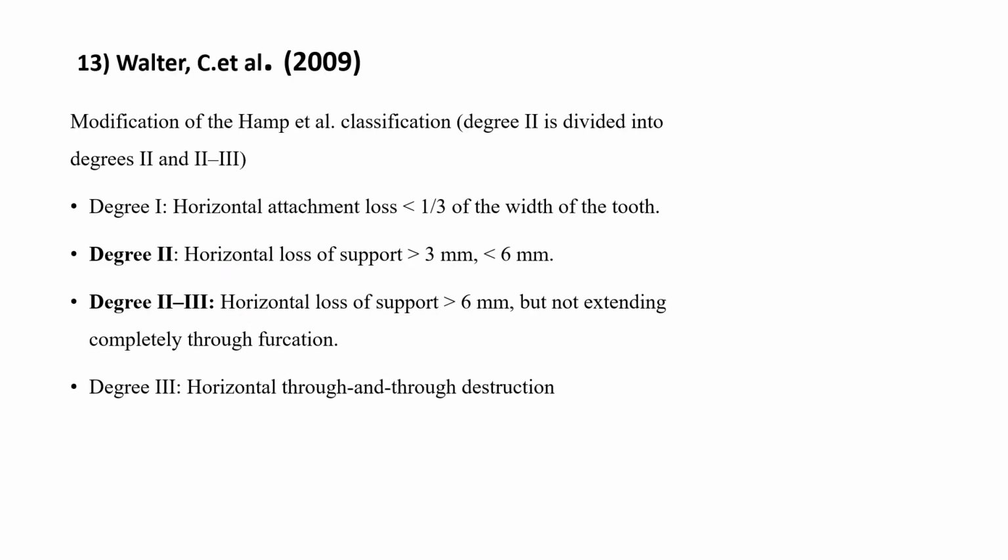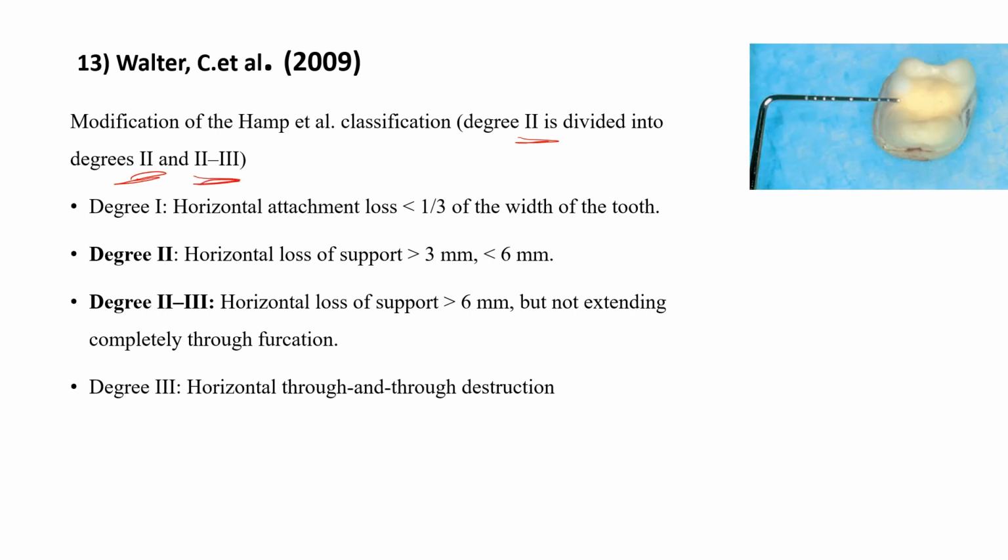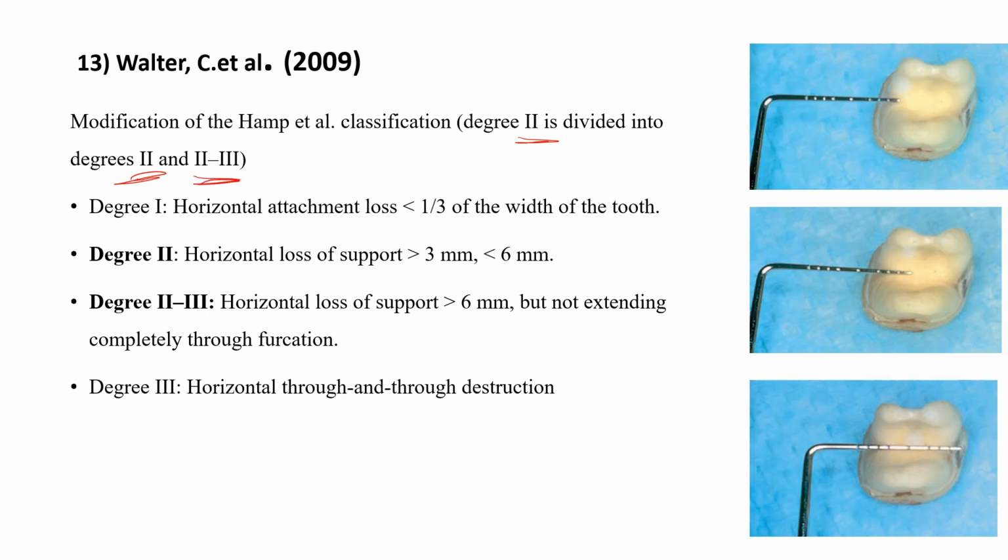This was given by Walter et al. in 2009. It is also a modification of the Hamp et al. classification. The only thing is that he divided degree 2 into degree 2 and degree 2 to 3. So what Walter did, basically, he modified the degree 2. Degree 1 is similar to Hamp, that is less than 1/3 of the width of the tooth.